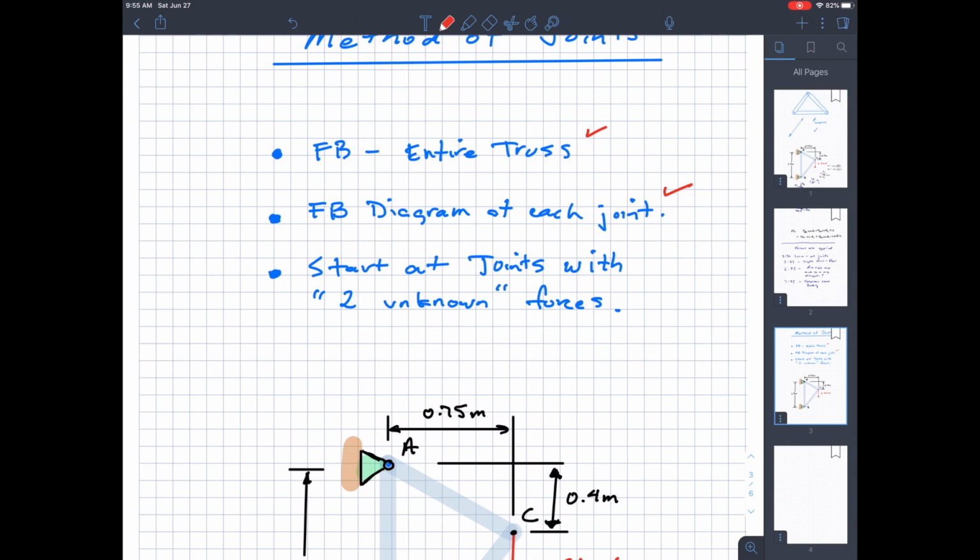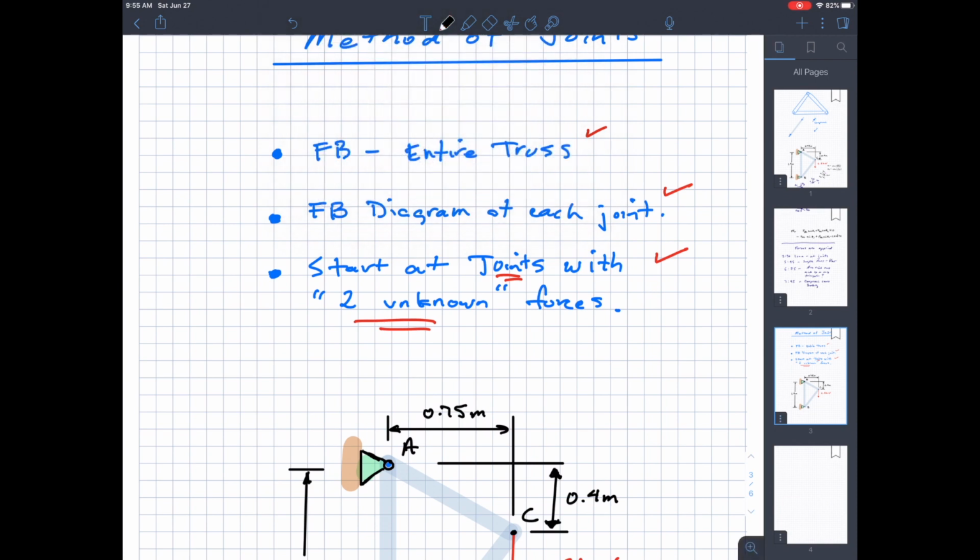The order means you have to have a starting point, and generally the starting point is to look for joints with two unknown forces. If you have two unknown forces, you can write two equations with two unknowns, so we know we can get started. That's a preview of the method, and hopefully it'll make sense as we go through a specific example.